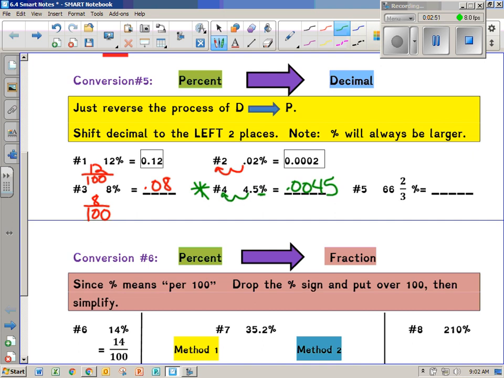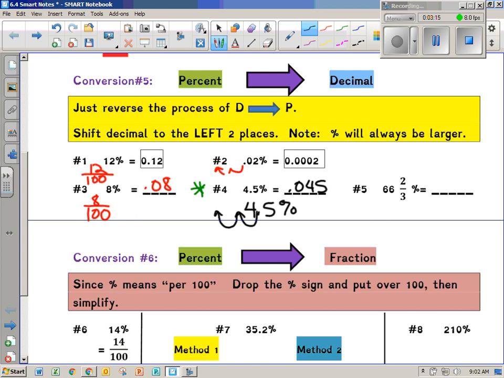No, I did that incorrectly. Sorry. Let me write this a little bit bigger. Right now I have 4.5%, so I'm going to shift it once and then one more time, so it's 0.045. I always double check myself. I move it back 2 places this way to make sure it equals the percentage.